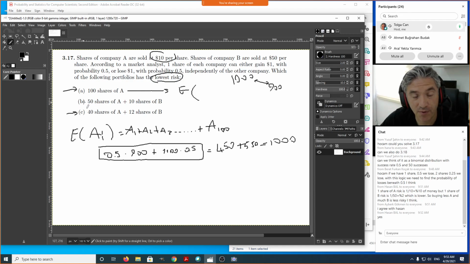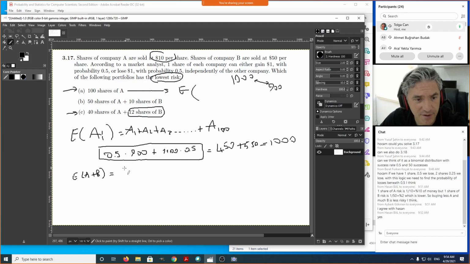If you look at part B, this is an expected value of two different things, two variables: the expected value of shares of A plus the expected value of shares of B. So we again can do the same thing separately, all right? It's the 12 shares of B. So at the end, let's compute the expected value.